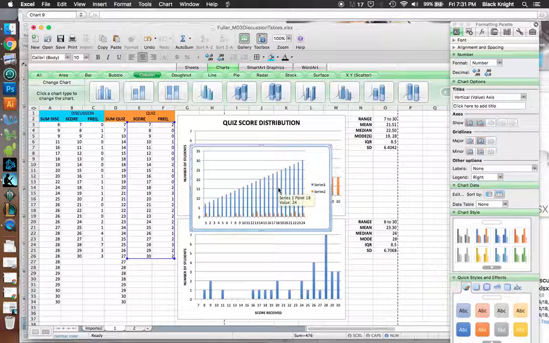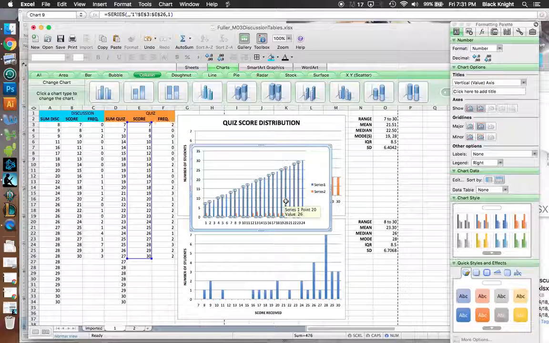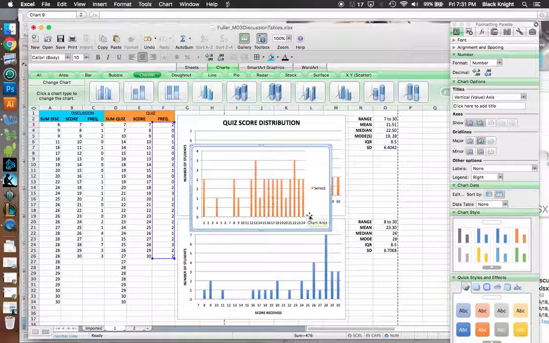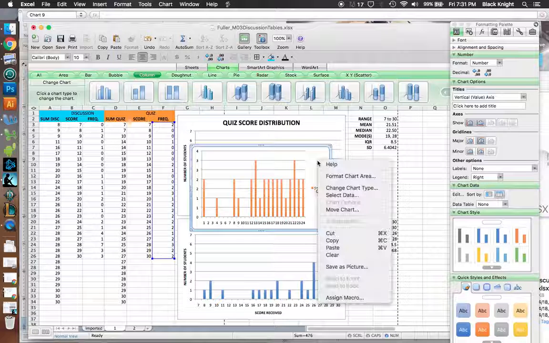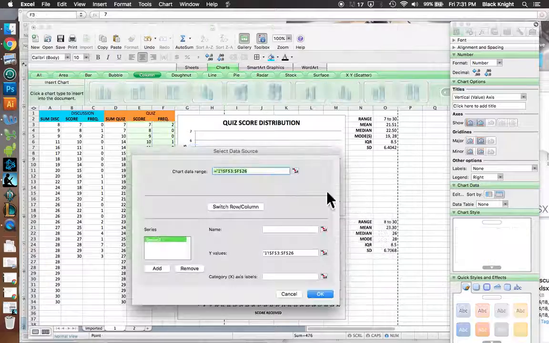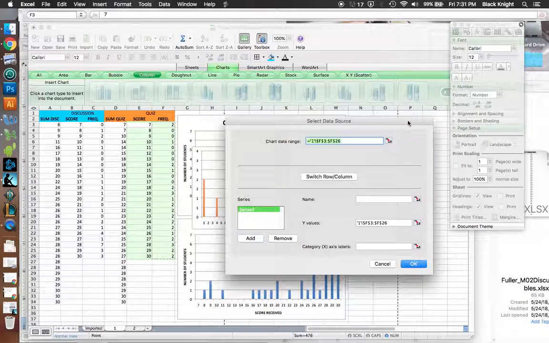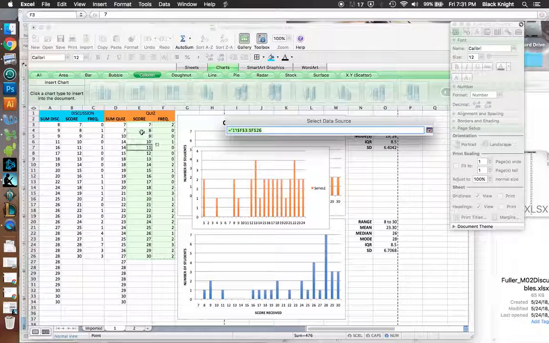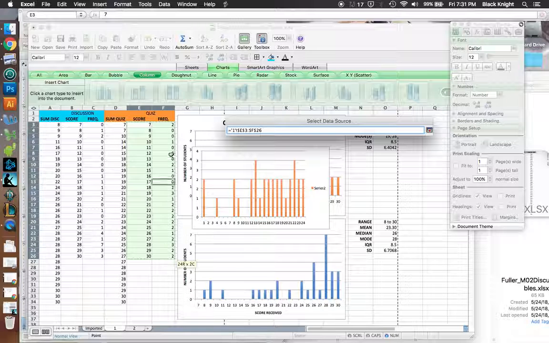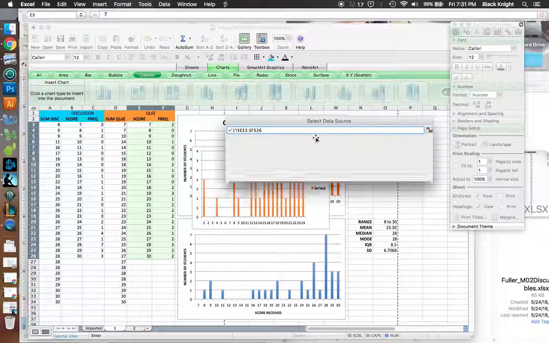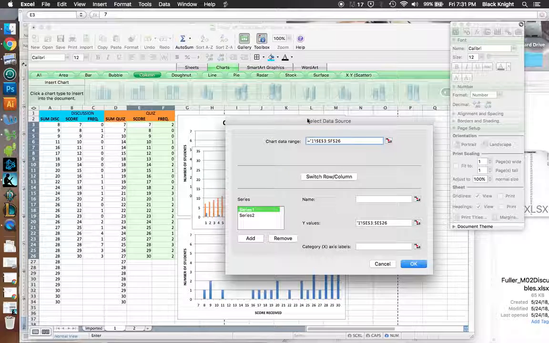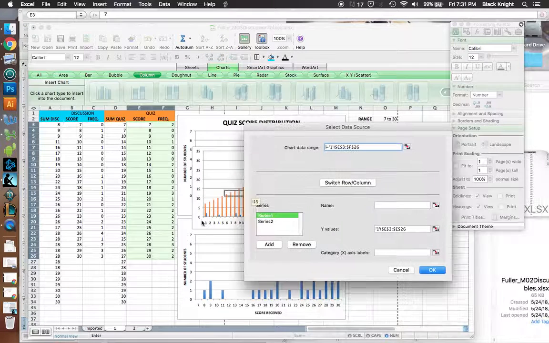So what I actually had to do was go in and delete out all those values. And on my version anyway, you can go into select data for the chart. It's just a right click for me, and you can specify your chart data range. So I wanted to go back in and tell it to look at all of this data, and then it's still doing that.